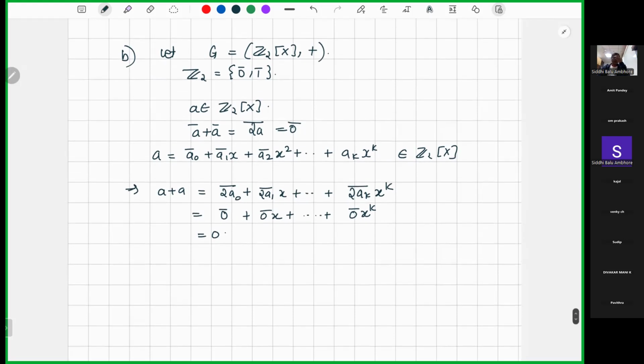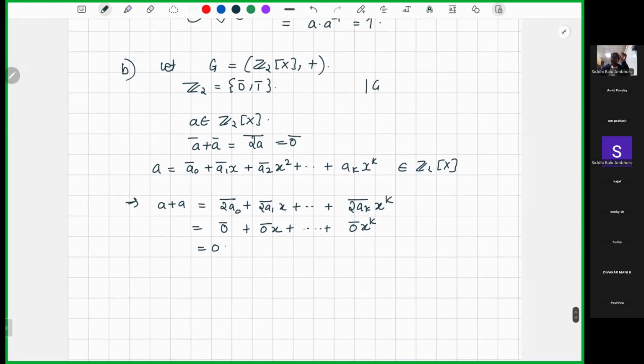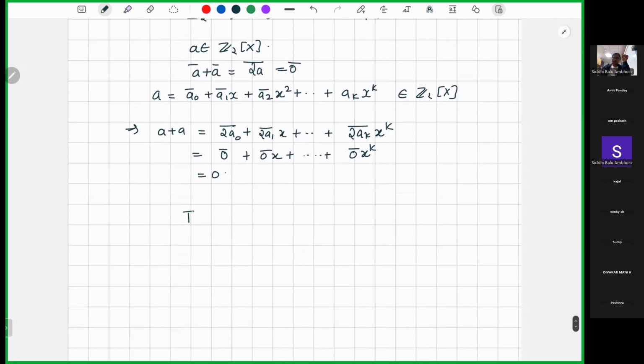And this G is infinite, because the cardinality of G is infinite: 1 bar x power k belongs to Z2[x] for all k, and they are all distinct.